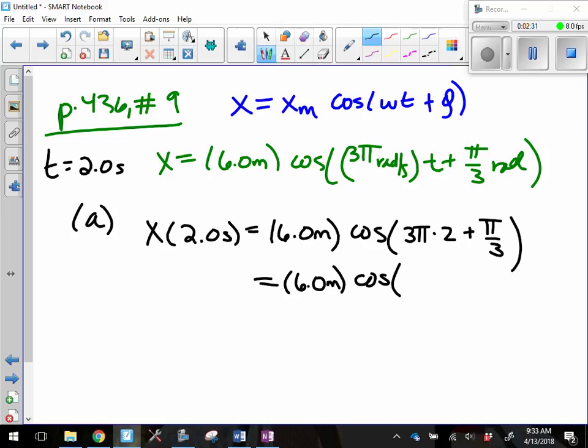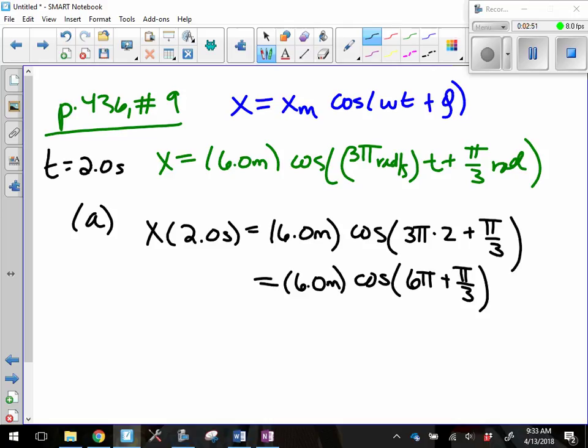So this is going to give me 6 pi plus pi over 3. And of course, the 6 pi just means I've gone all the way around 3 times, so I can kind of ignore that.